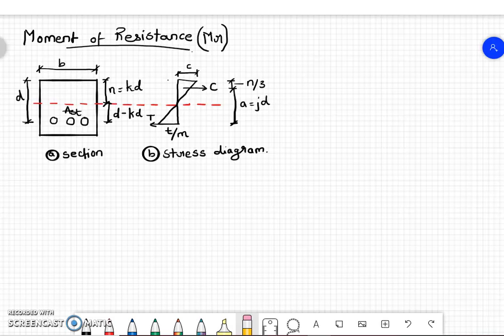To start with this, as we know, there is no resultant force acting here. Since there is no resultant force across the section, the total compressive force is equal to the total tensile force.